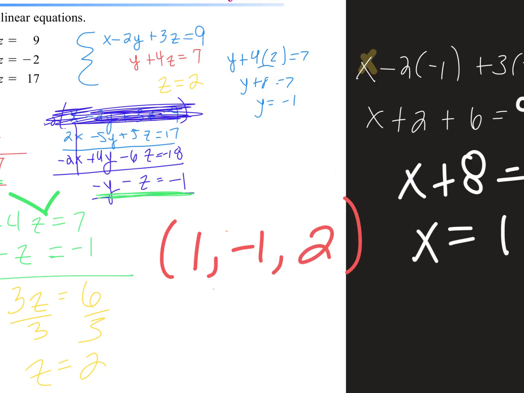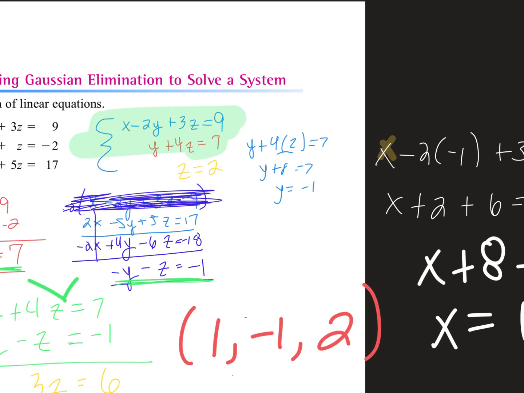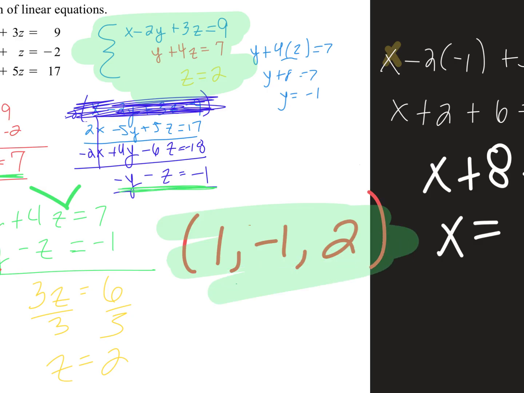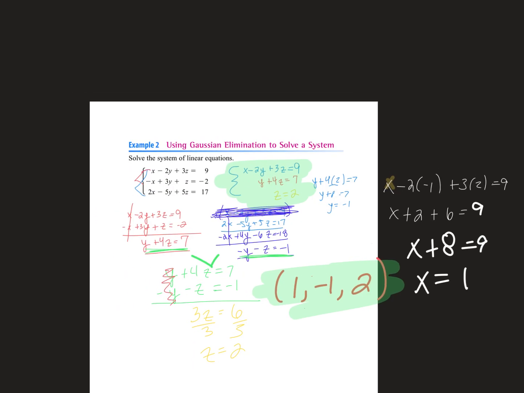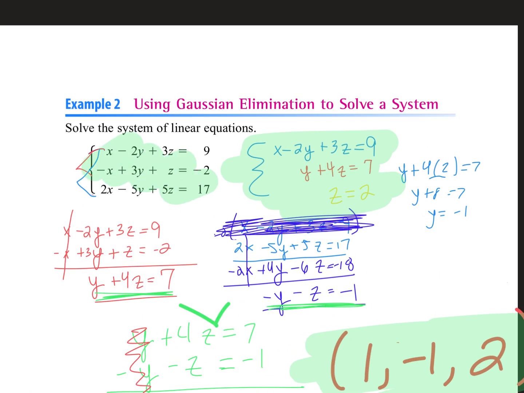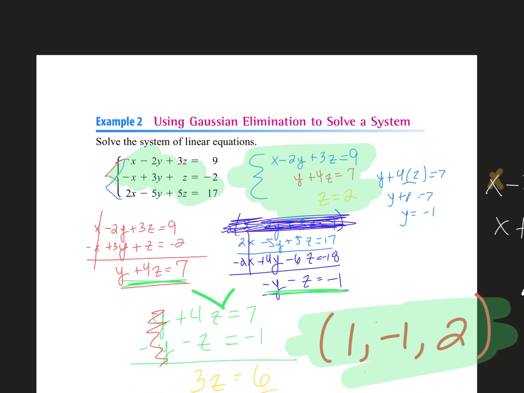So on a test or a quiz, you are going to be asked to actually put your equations into row echelon form and then to give the ordered triple. And if you want to take the time to make sure that you didn't make any silly math mistakes, what can you do with 1, negative 1, and 2? Plug it into the original. You can plug it into these over here, just make sure that they satisfy. But every single time you have these problems, step 1 should be write the first equation with a positive 1.